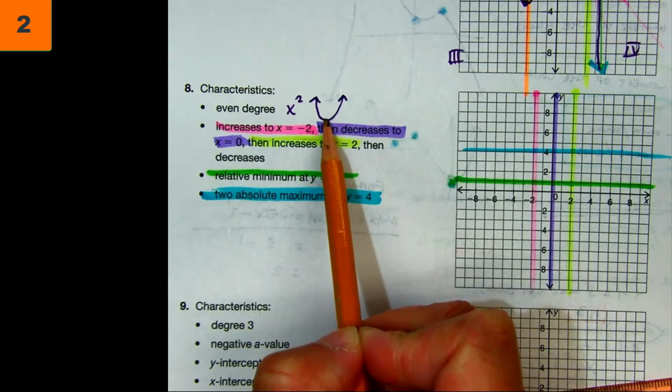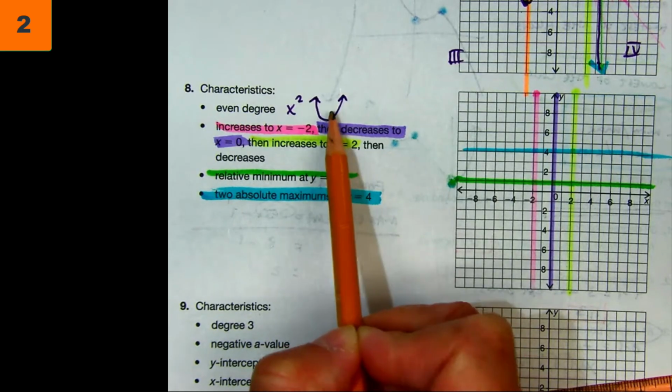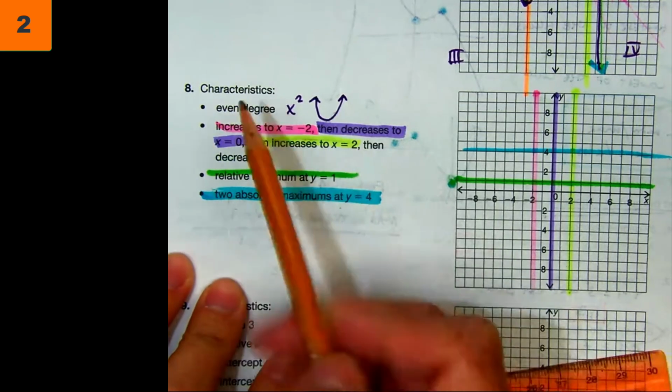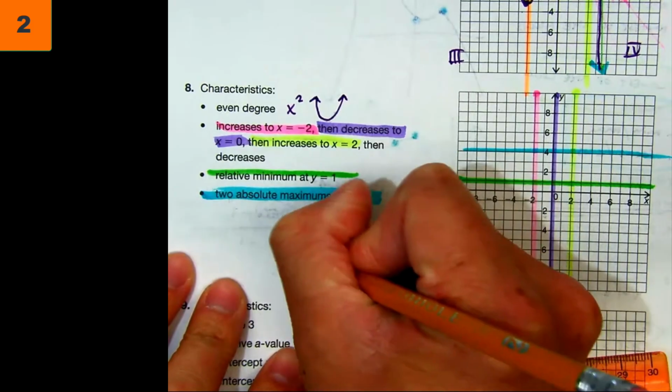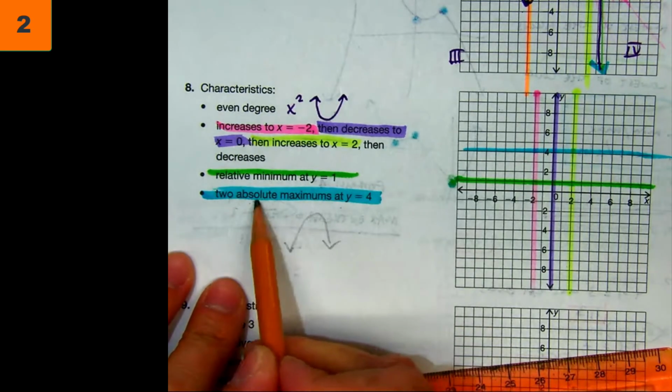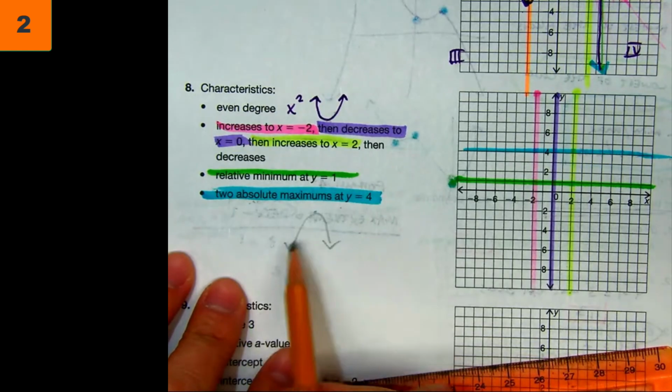Is that a maximum? What do you think that means here? It didn't tell us, but I'm going to have to flip the graph. The a value is negative. The reason I know that is because it tells me 2 absolute maximums, so that means the graph has to be pointing down.